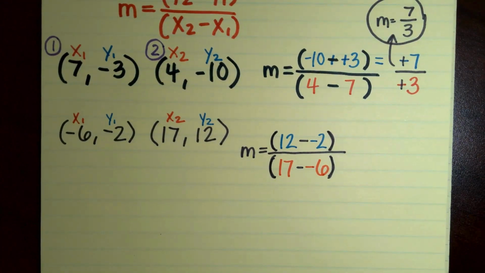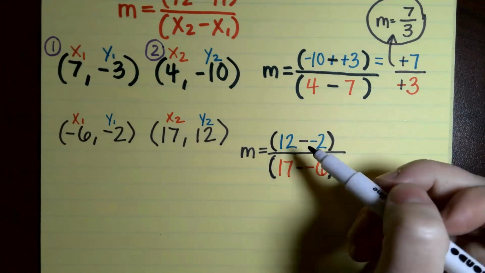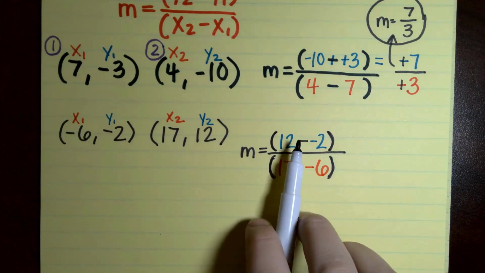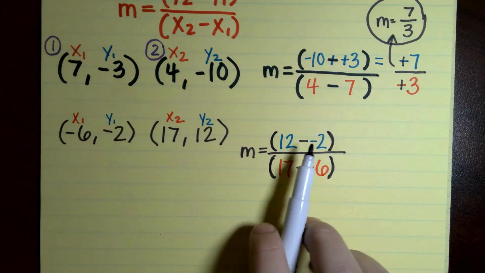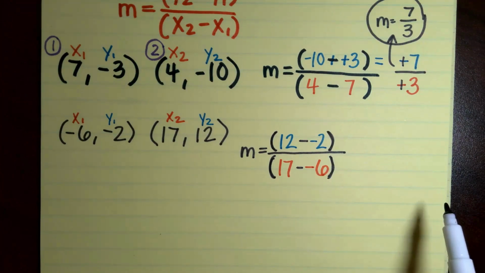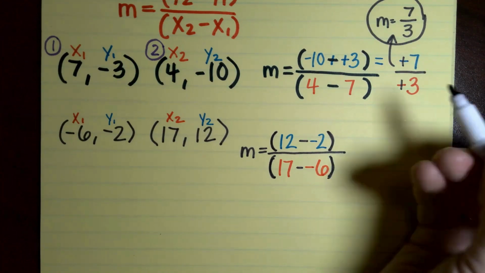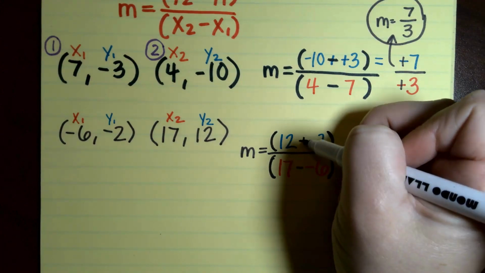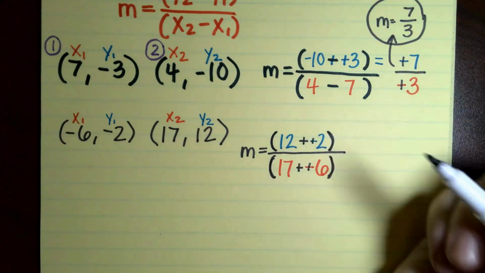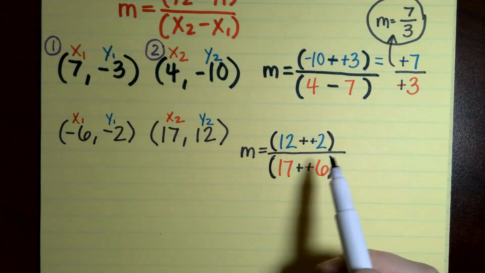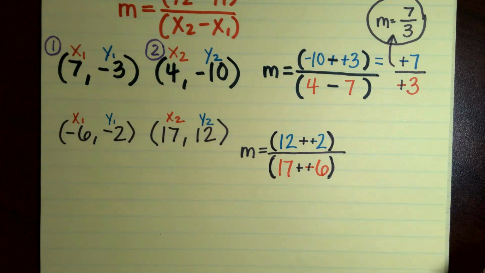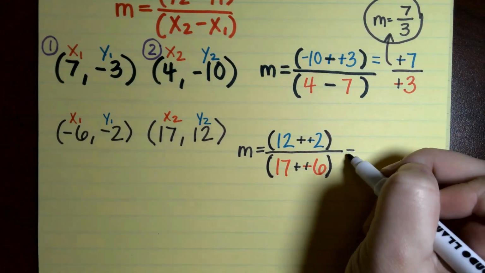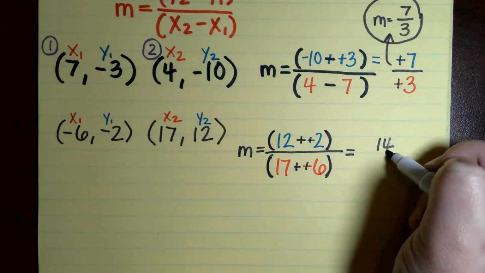Now, guys, before we try to solve this, let's pay attention to the signs. I have two minuses, two negatives right beside each other. What are those going to do? They're going to turn these into addition problems. So we really just have 12 plus 2 over 17 plus 6. What is 12 plus 2? 14.